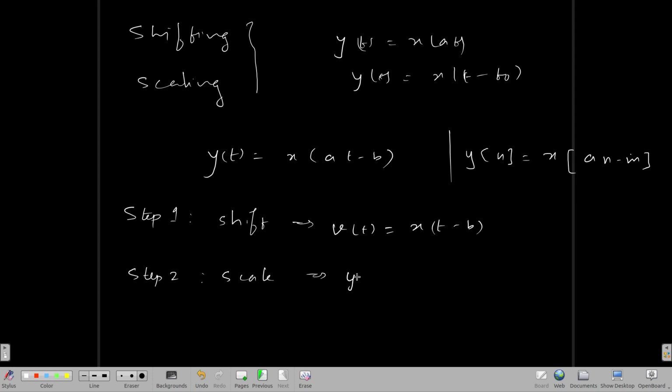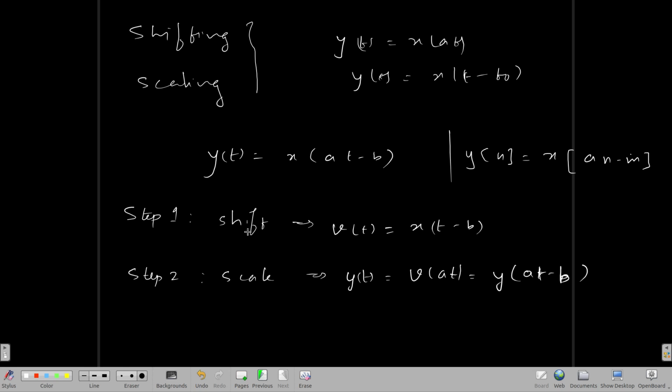Okay, that is y of t is equal to v of at is equal to x of at minus b, right? Because this at is applying, we are only applying it to t here, right? You can do it the other way also.